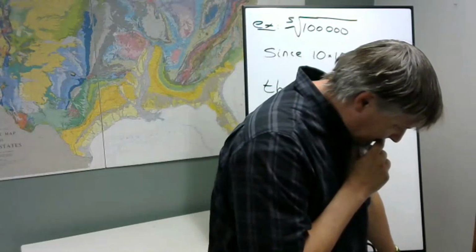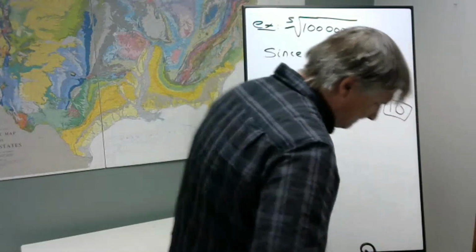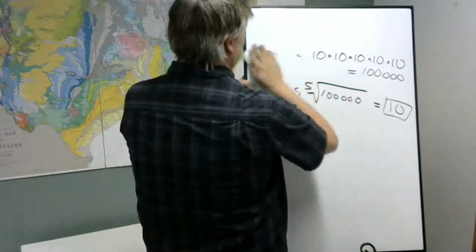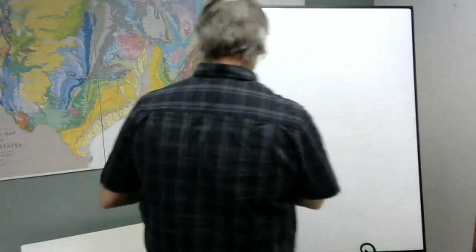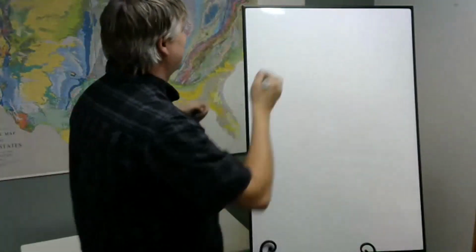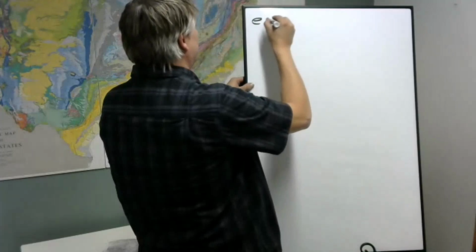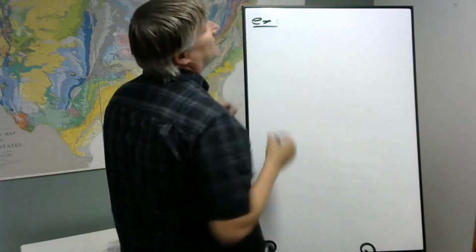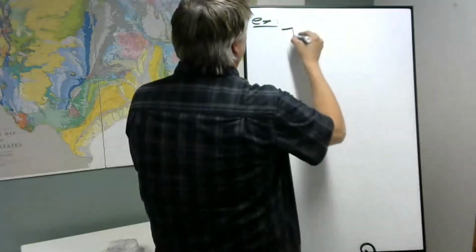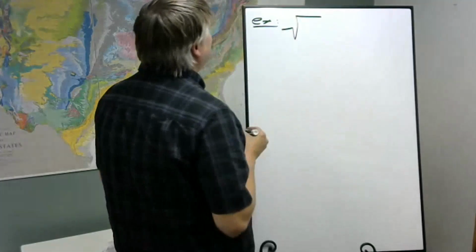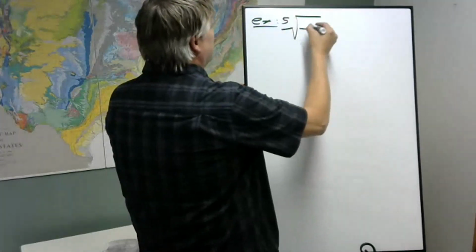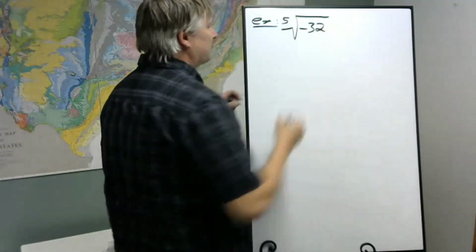Now, let's say we do this, though. Let's say the fifth root of -32.